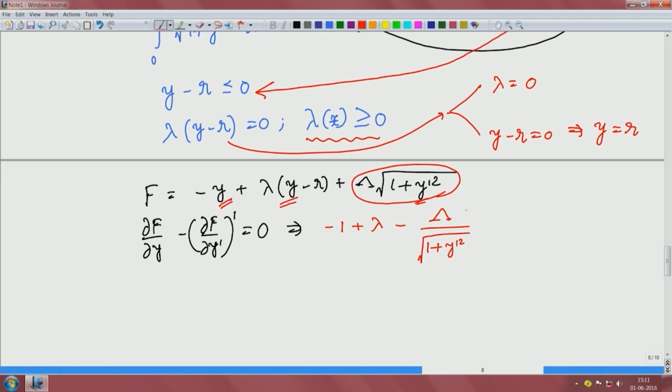There will be a half and a 2y', and the 2s cancel. In other words, what we are getting here is minus 1 plus lambda minus Lambda times d/dx of y' by square root of 1 plus y'^2 equal to 0.